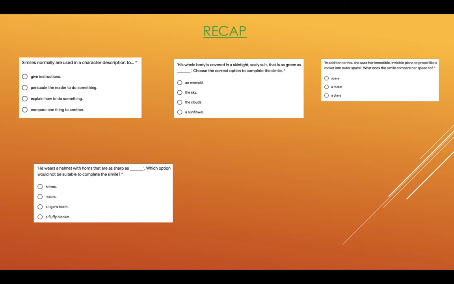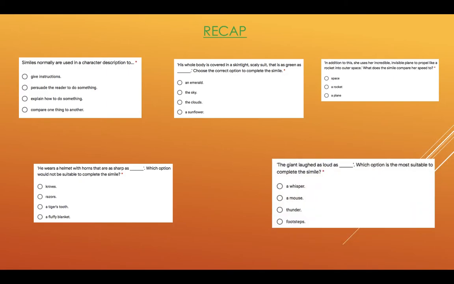Number 1, knives. Number 2, razors. Number 3, a tiger's tooth. Or number 4, a fluffy blanket. And the last one, the giant laughed as loud as. Which option is the most suitable to complete the simile? Number 1, a whisper. Number 2, a mouse. Number 3, thunder. Number 4, footsteps.